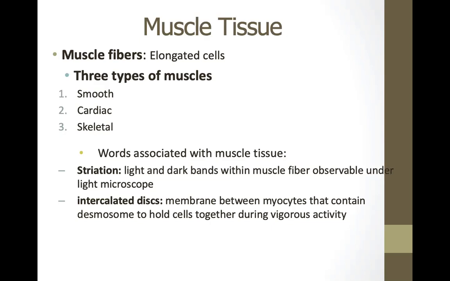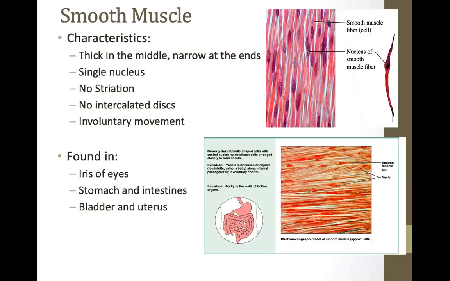And the last one we have is what we call intercalated discs. These are basically desmosomes, if you remember from our last lecture, which allow the cells to be connected and allow the tension to be spread out. So if a cell has it or doesn't have it, that's a distinguishing characteristic. So let's go ahead and compare these together.